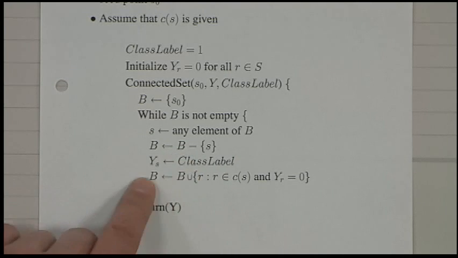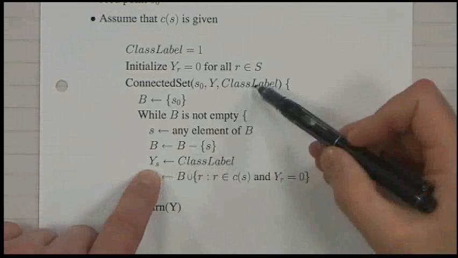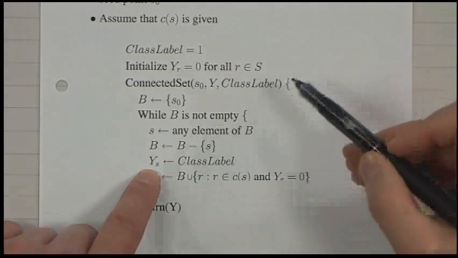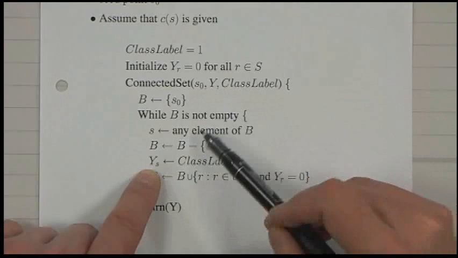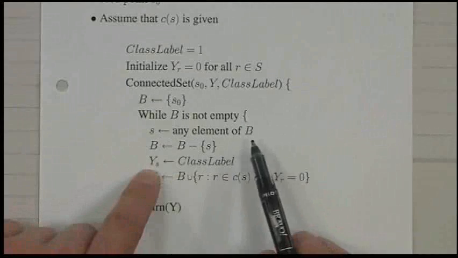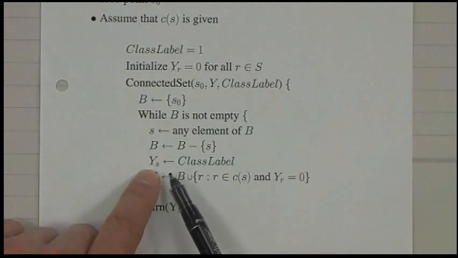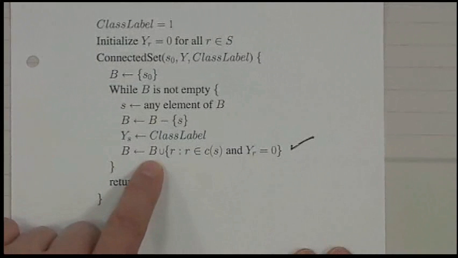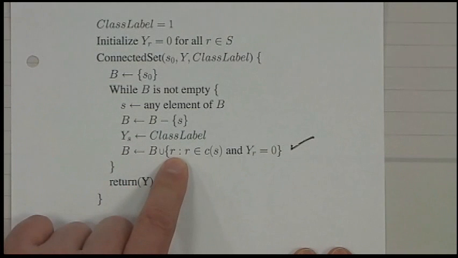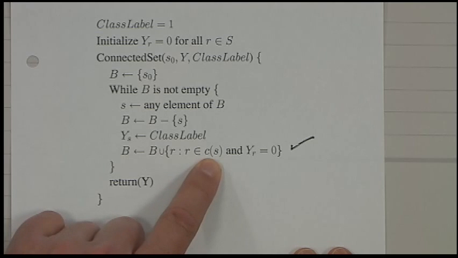Now you label S with the class label, which is the thing you passed. You're going to label every pixel. You're starting with S0, so certainly S0 is going to get labeled. S0 is in B, so every pixel in B is going to eventually get labeled. Now this is the tricky step right here. I'll take B and add to it any pixel which is connected to S, and from those pixels I will remove the ones that have been previously labeled.